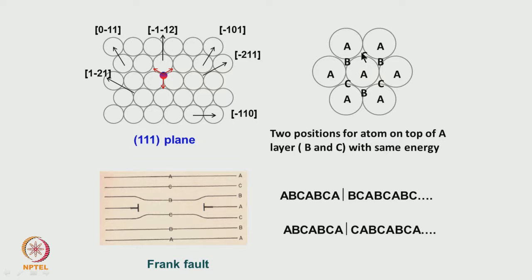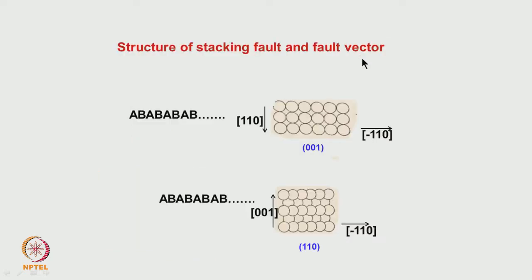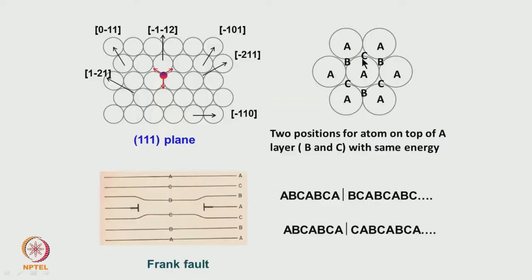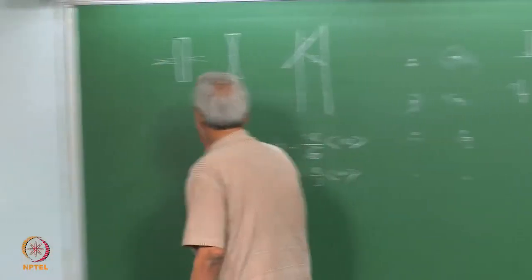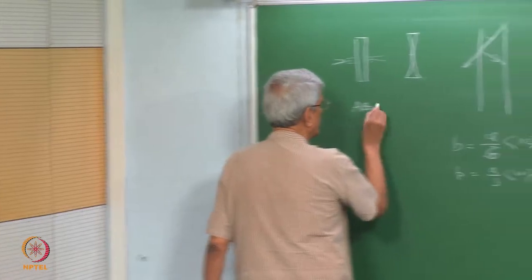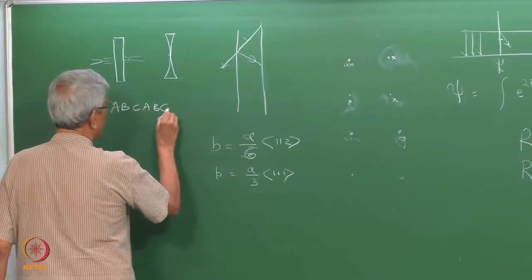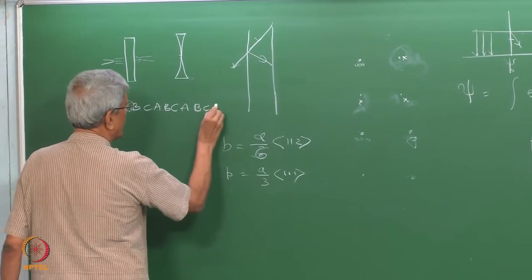So when a dislocation moves, it moves all atoms on the layers above also, right? So the C position will be moved to the next position. Like that, these layers will be shifted. That means that instead of a B atom layer coming, now after the A atom layer, a C layer comes. If we write this as a stacking sequence, it will turn out to be ABC, ABC, ABC.